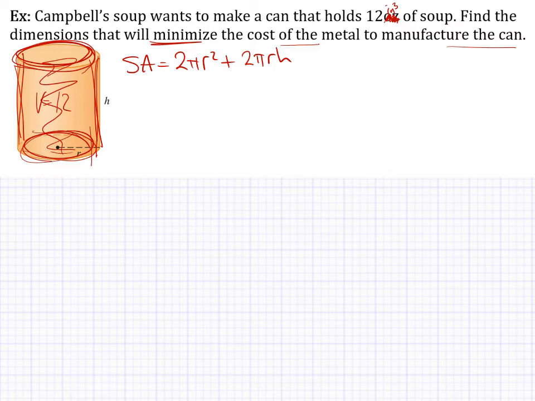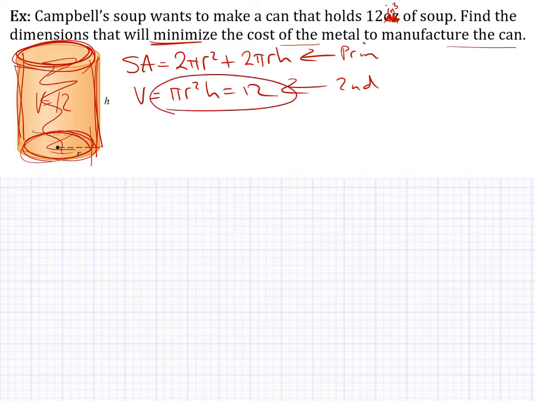What we know is that the volume of the cylinder, which can be found using pi r squared h, is equal to 12. So this is what we're trying to optimize. This is the other information given. This is our primary. This is our secondary. So what we're going to do is take this and solve this for h. So we get 12 over pi r squared.